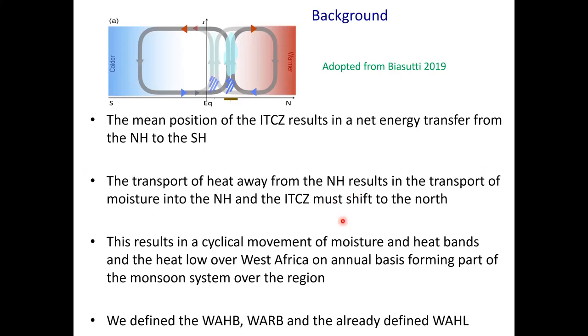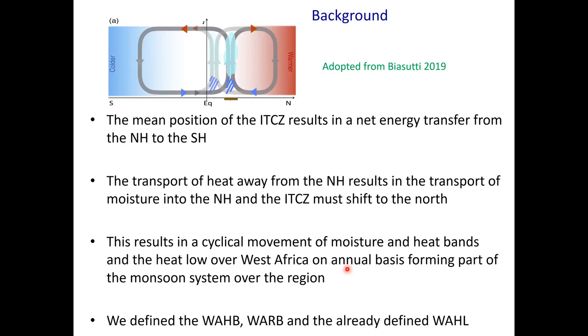So the result of this arrangement is that there is a cyclical movement of moisture and heat bands, and then the heat low over West Africa on an annual basis, forming part of the West African monsoon system that we are all aware of.